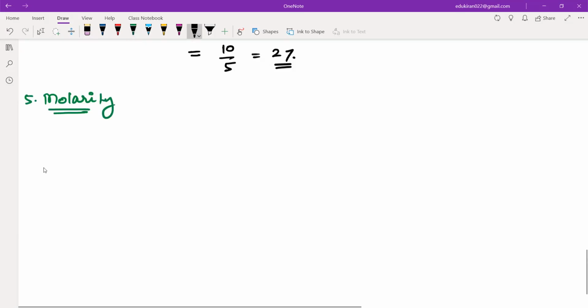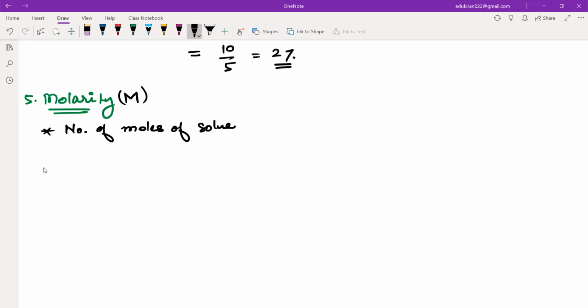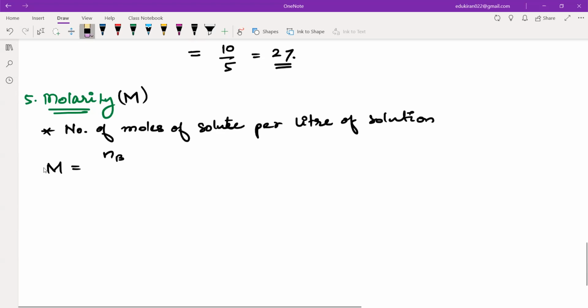Next is the fifth, that is molarity. What is molarity? It is given by the capital letter M. Molarity is the number of moles of solute per liter of solution, and hence molarity, which is given by M, is equal to number of moles of solute, that is n_B, divided by volume of solution in liters.